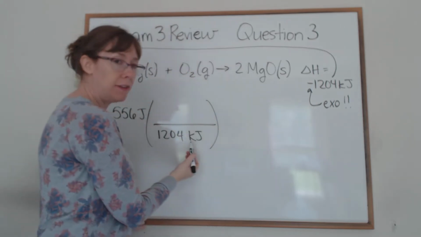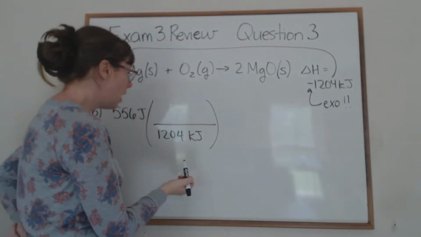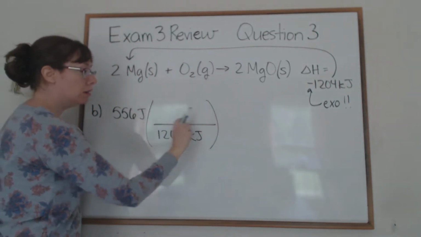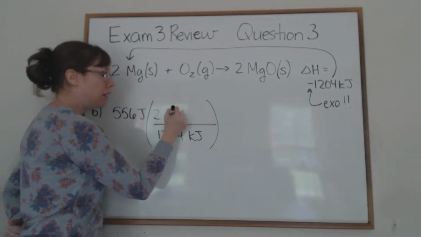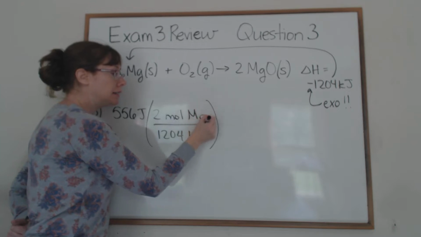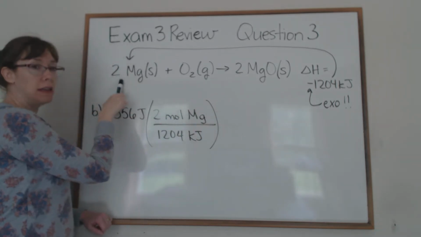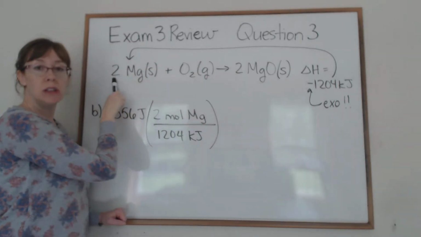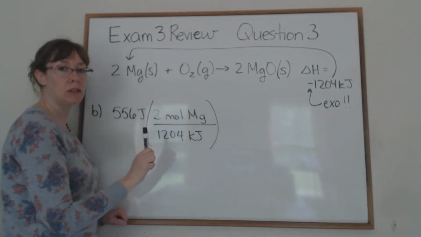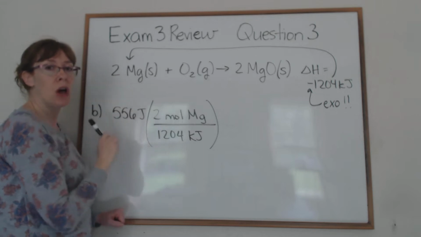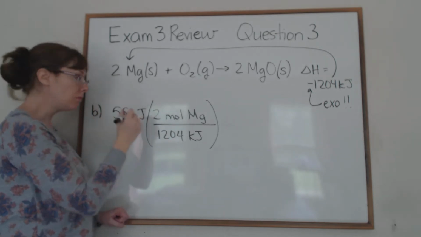But this is the amount of heat that you'll produce. 1,204 kilojoules per, that's the fraction line, per 2 moles of magnesium. That is the relationship. In the thermochemical equation, these refer to the amount of moles of each species. So you can write these conversion factors relating the heat to the number of moles, almost like stoichiometry.